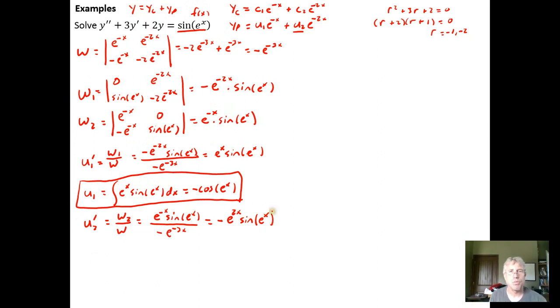So u sub 2 is going to be the antiderivative of u sub 2 prime. We'll do the work up here, I think. We're going to need some space on this one. This is a more complicated integral.